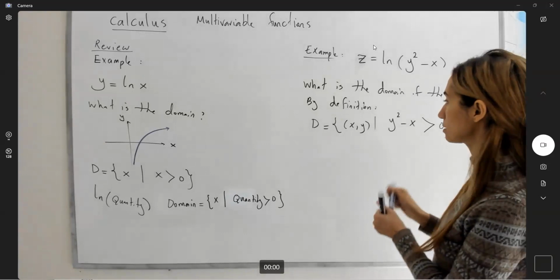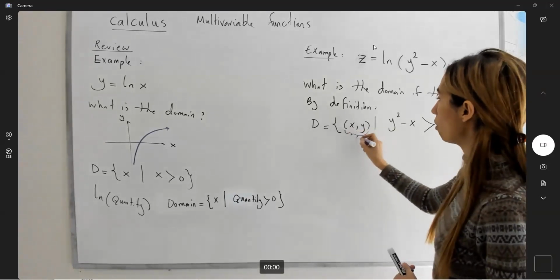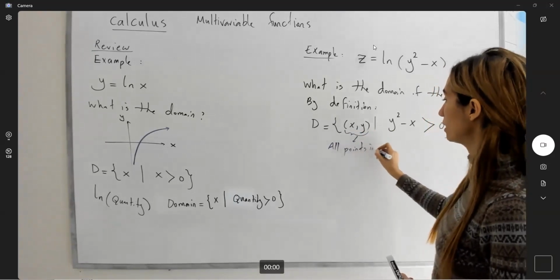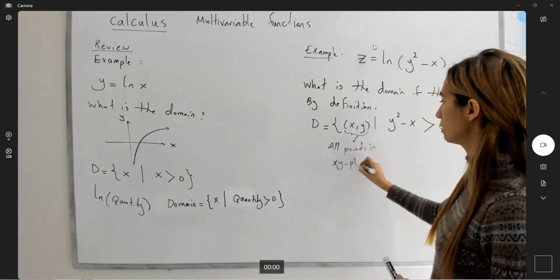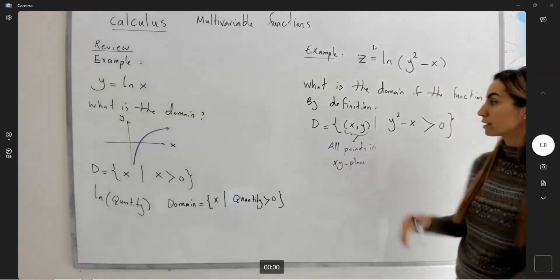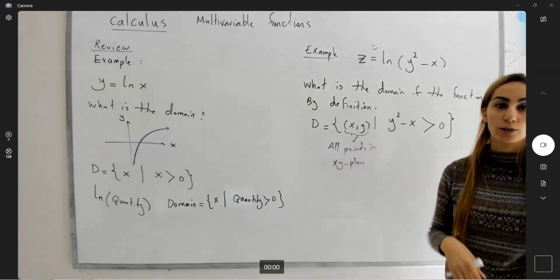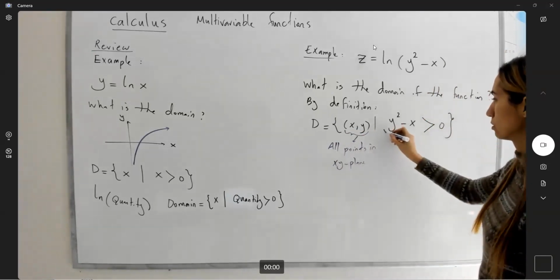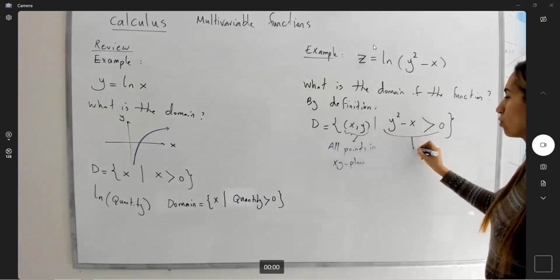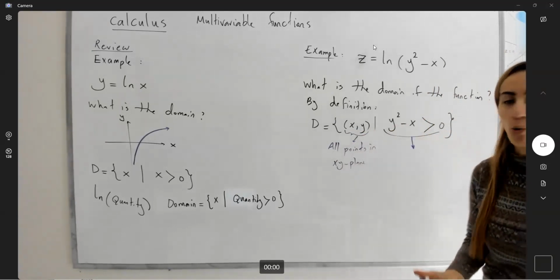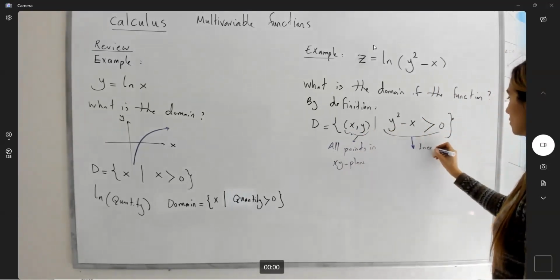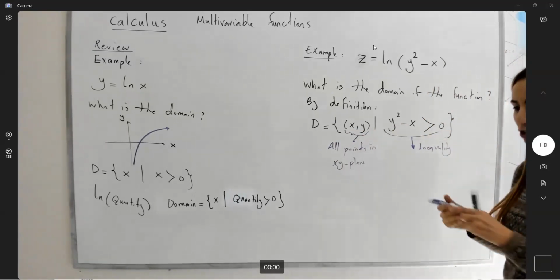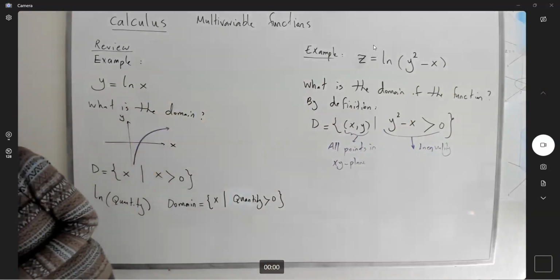So the domain is the set of all points in the xy plane such that there is a relation between x and y: y squared minus x is always positive. But how do I visualize this inequality? Again, going back to algebra, what we learned in algebra before.